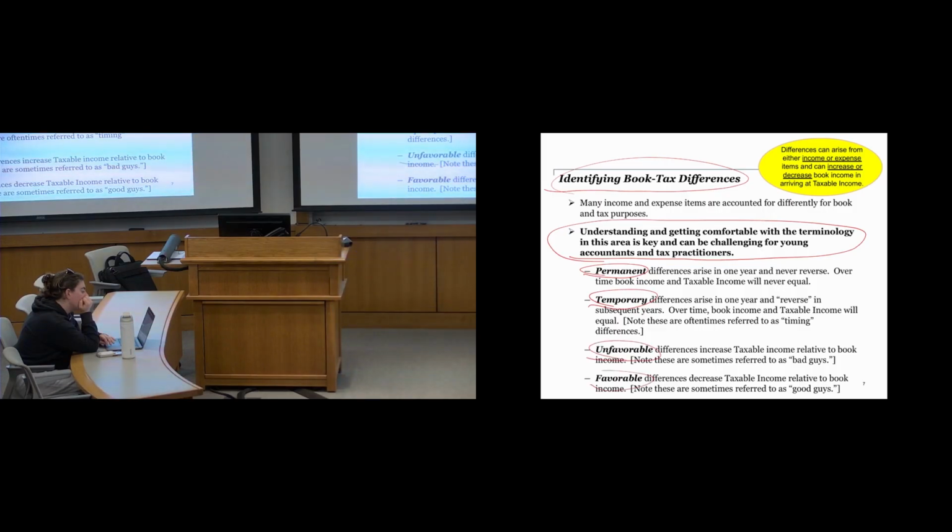Then you have unfavorable and favorable. This is where you need to wear your tax hat, or you'll get these two mixed up. People miss this on exams very commonly. We're in a tax class here. If a permanent difference or a timing difference is unfavorable, think of you're advising your corporate client as paying more tax.